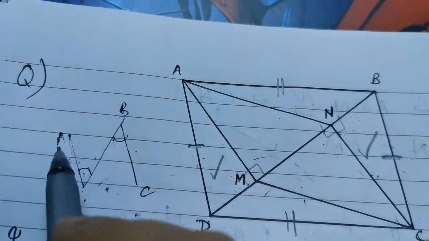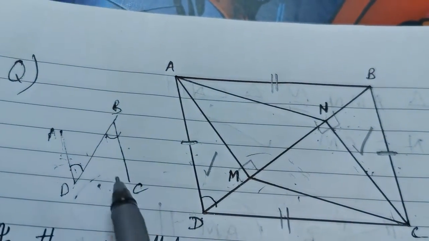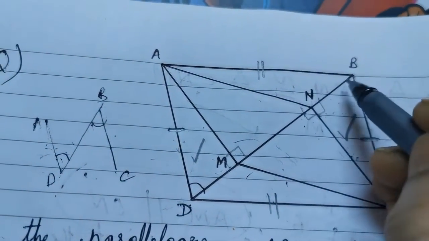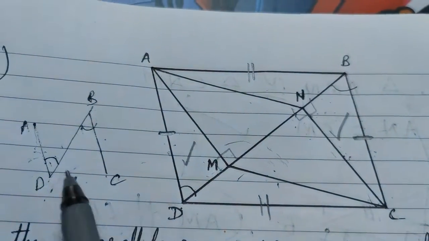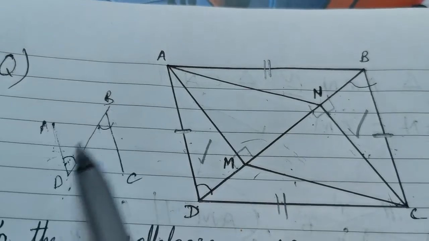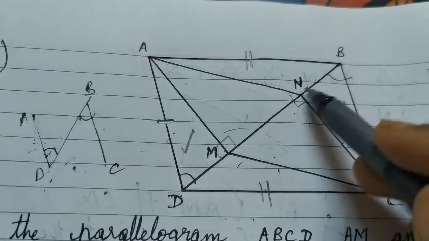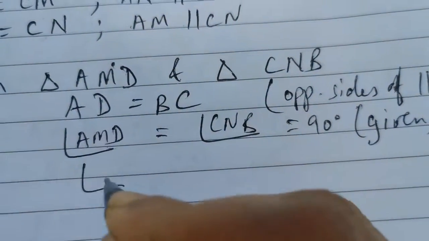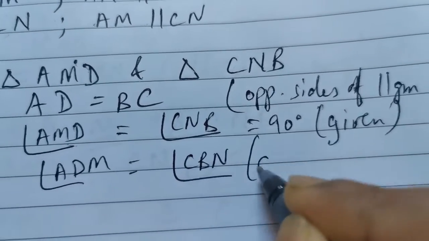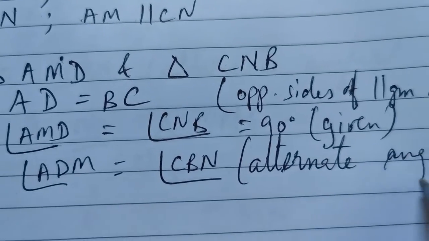One of the alternate angles is ADB, and the other alternate angle is CBD. These two angles are equal because they are in that Z shape; these angles are called alternate angles. So angle ADM is equal to angle CBN because they are alternate angles.